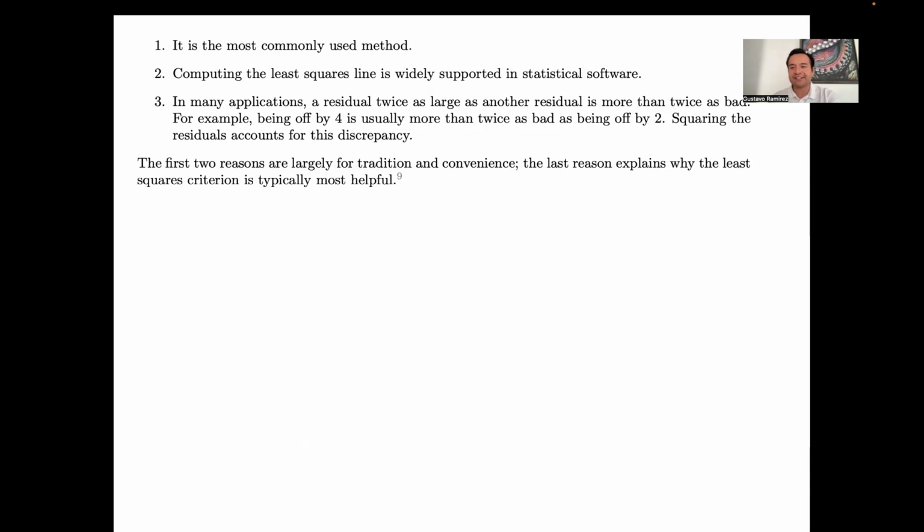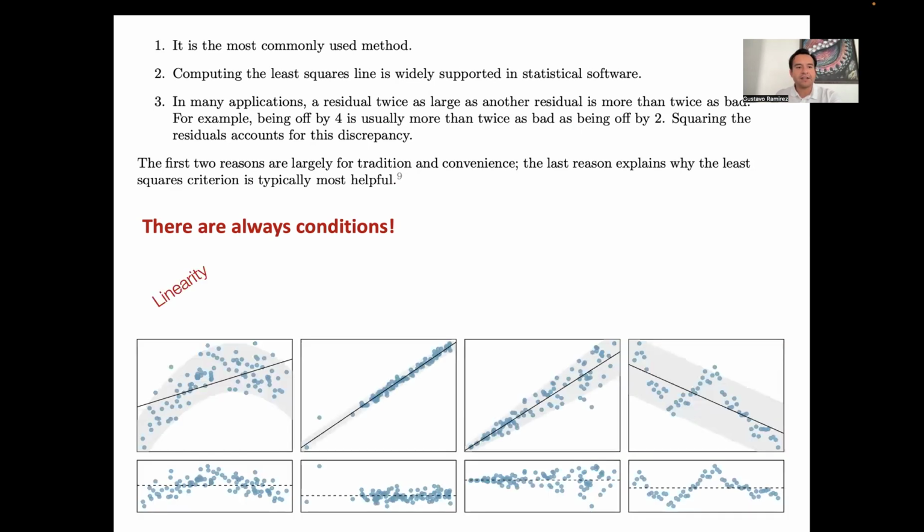But the last reason explains the true criteria of why this path is the most useful: it's super straightforward to calculate all the residuals, square them, and then come up with an unbiased measure of how well that line fits all of the data. Of course, there are always conditions. We can't just jump into methods without delineating conditions.